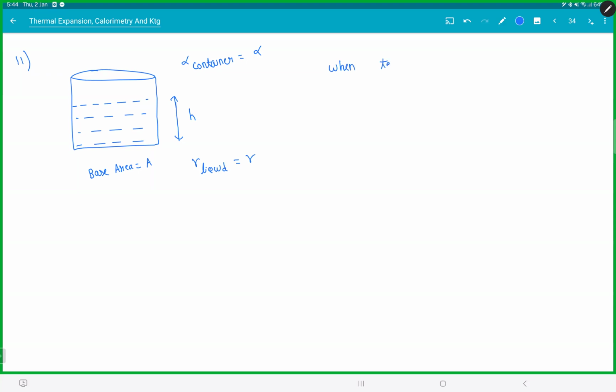Now, when temperature changes by delta T, you start heating up this liquid or cool it down, doesn't matter. When you're heating it up, delta T will be positive, and when you're cooling, delta T will be negative.